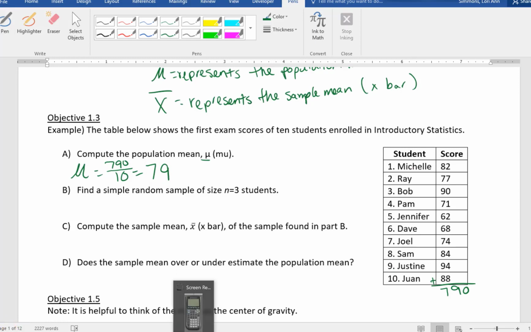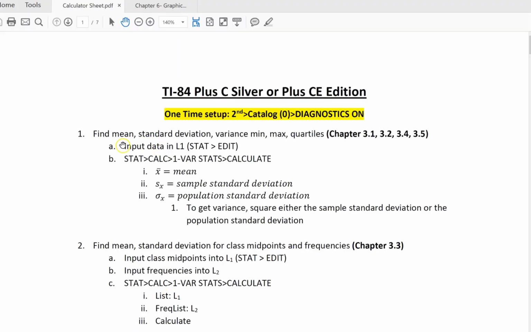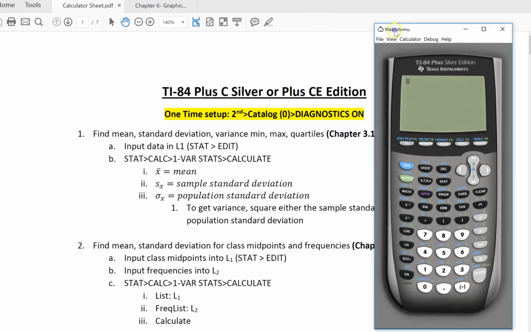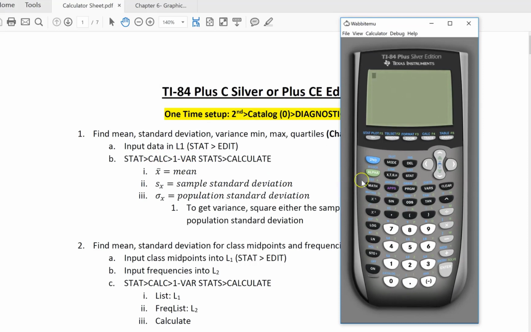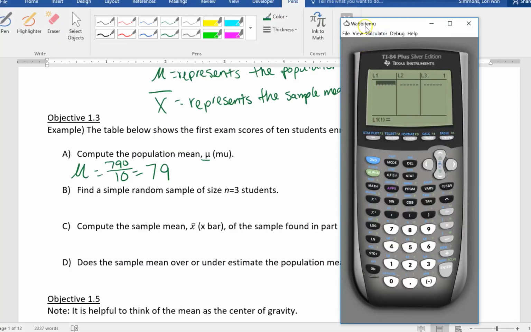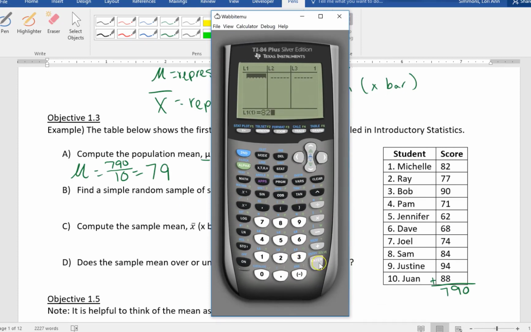So now let's use our calculator sheet and follow this list to put it in our calculator. The first step is input data in list 1. So you go to stat and then edit. We're still on A. We need to input the data. So let's type in the data.